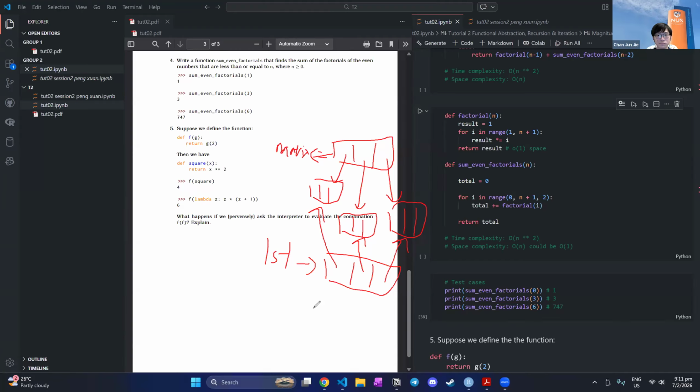Anytime anything is unclear in the assessment, that means in the midterm or the final, you can always make assumptions and state them in your answer, and we will take that into consideration when marking. That is to protect yourself.